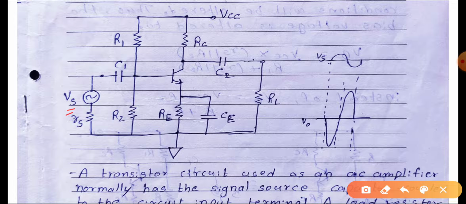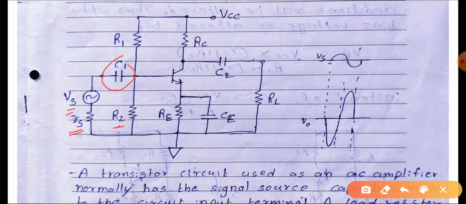When there is no coupling capacitor, the source resistor RS will come in parallel with the R2 resistor, and the result will be an alteration in your biasing conditions. So when C1 is not used, this RS will affect the value of R2, and this will affect the biasing conditions.